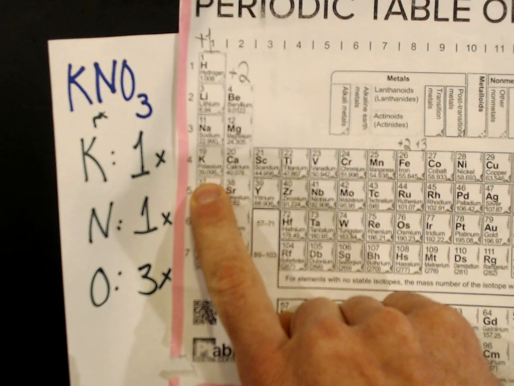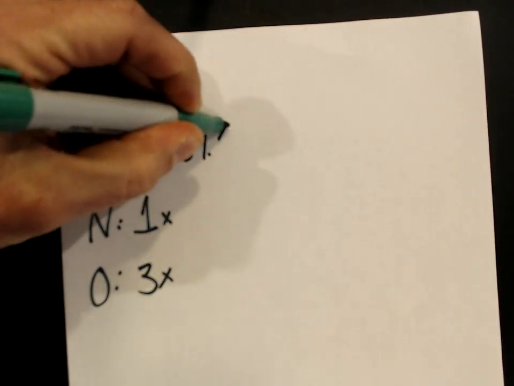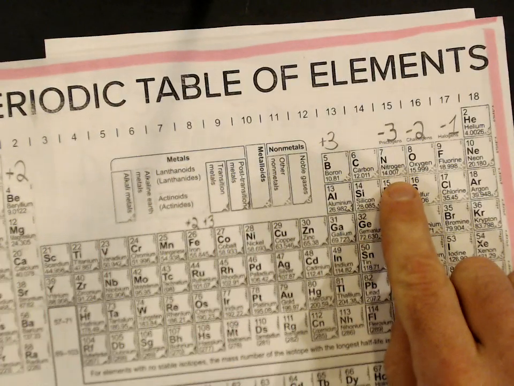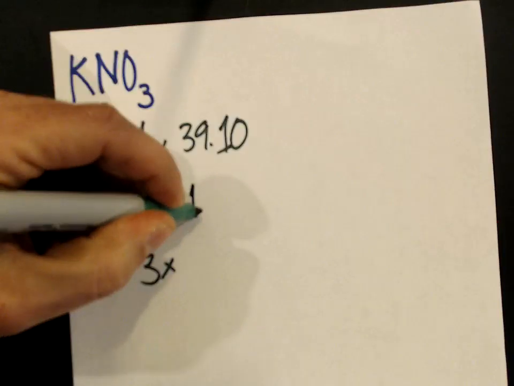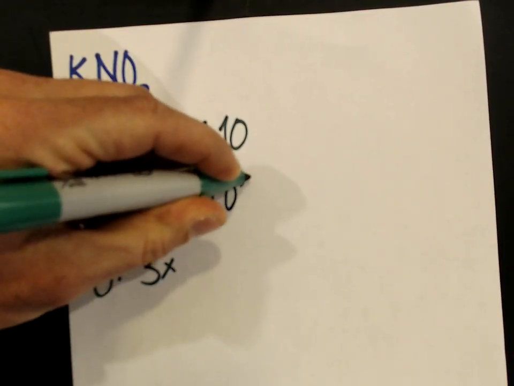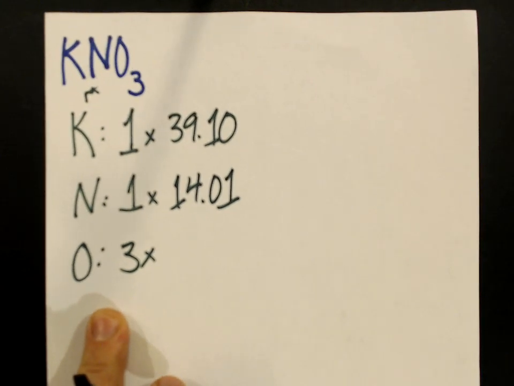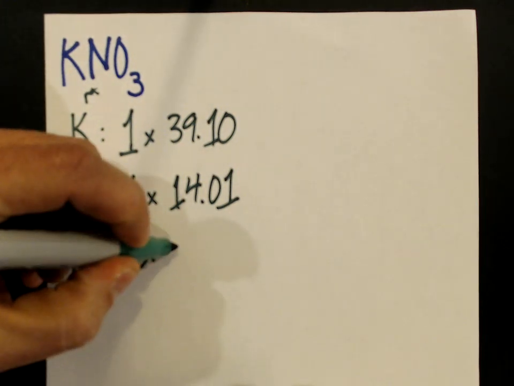Potassium comes in at 39.10. Nitrogen, 14.01. And oxygen's mass, you can probably guess that right now. Anybody want to take a guess? Yes, you back there. No, not 27. 16, correct. Very good.